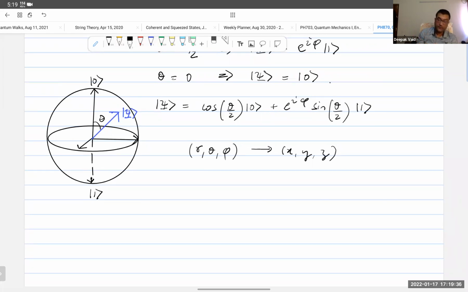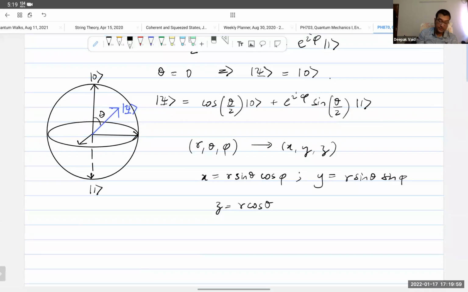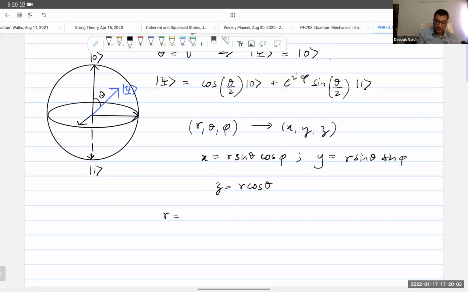Don't get confused. x is equal to r sine theta cosine phi, y is r sine theta sine phi, and z is equal to r cosine theta. So this is that angle theta. And of course, in our case, r is equal to 1.